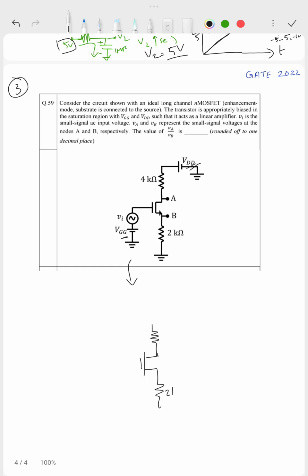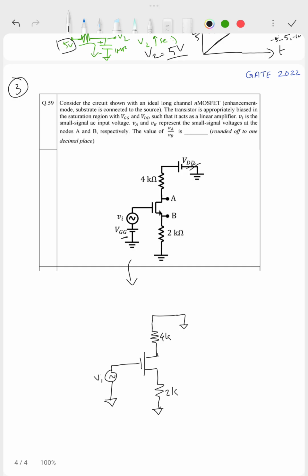So I have 2K here, I have 4 kilo ohm here, and in small signal what I need to do is short circuit the DC voltages. So VDD I will short, and at the input I have the input signal Vi and VGG I will short. So this will be the small signal circuit.